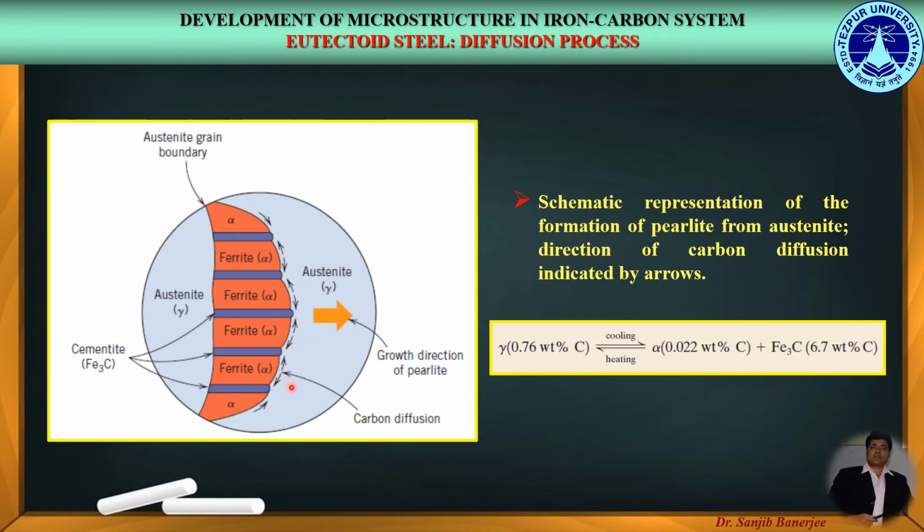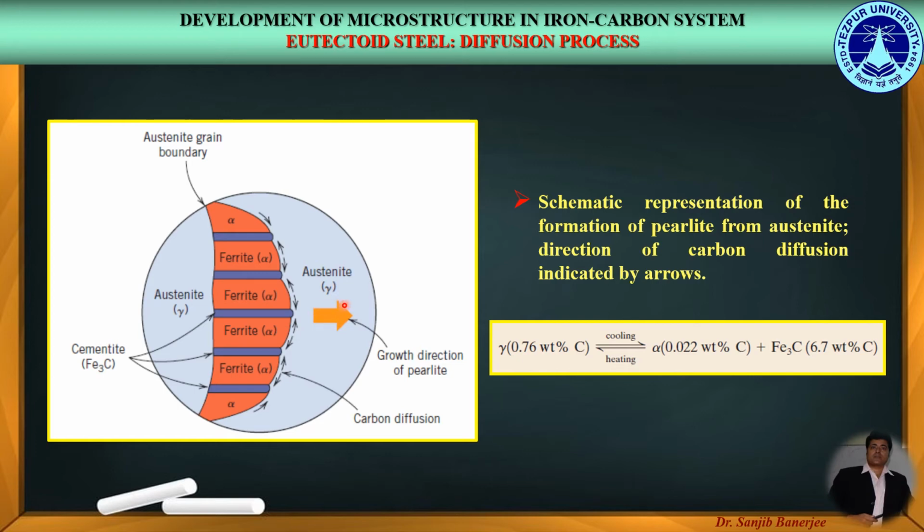Now carbon atoms diffuse away from the 0.022 weight% ferrite regions and into the 6.7 weight% cementite layers, as the pearlite layer extends from the grain boundary into the unreacted austenitic grain.